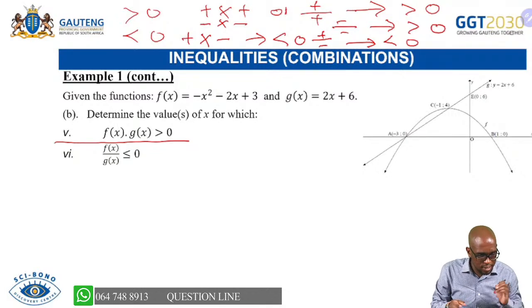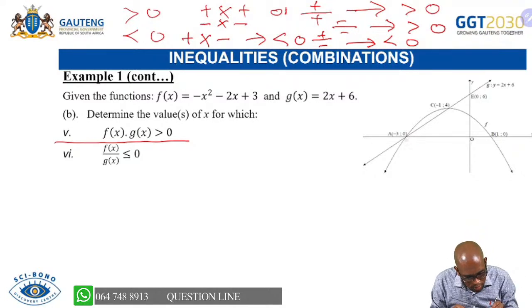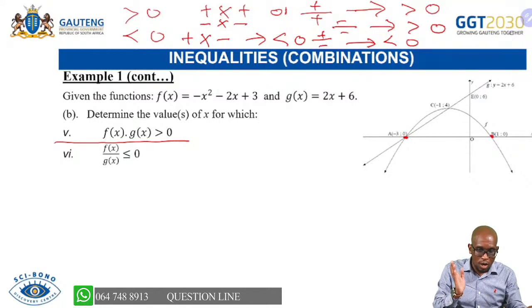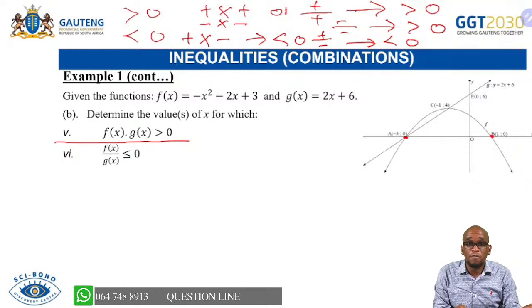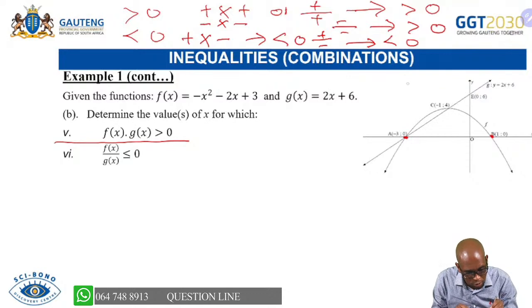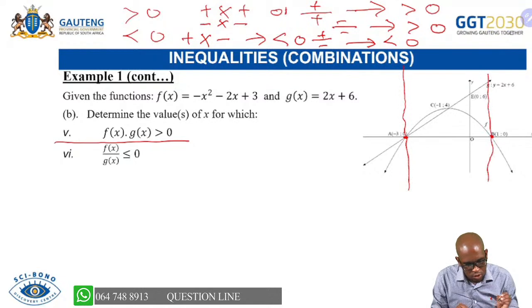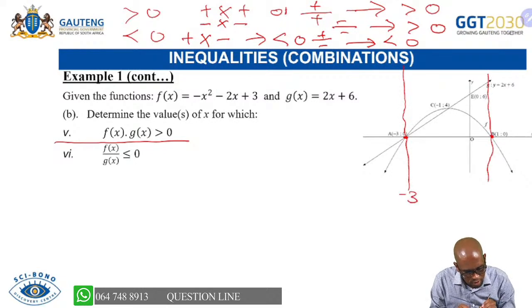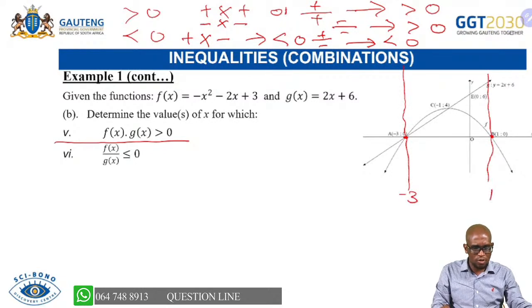So I said the reference point in this case would be where the graphs are equal to 0. Now, if you check here, both the graphs are equal to 0. If you check here, one graph is equal to 0. So you're going to use the x-intercepts of the graphs as reference. So I'm going to draw vertical lines on the x-intercepts so that I can find the points of reference.